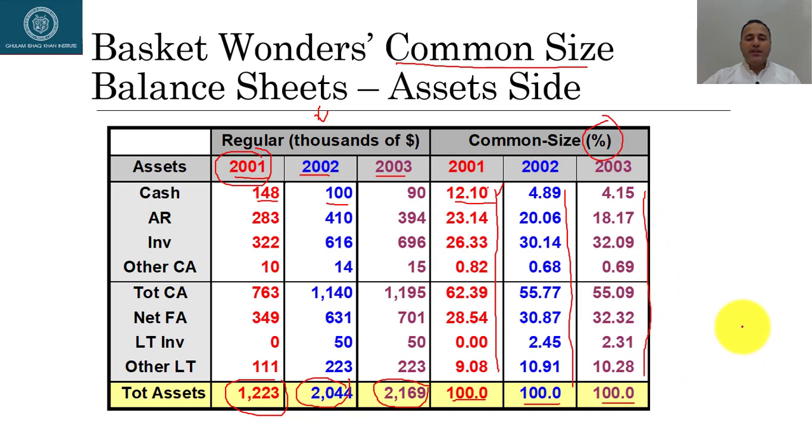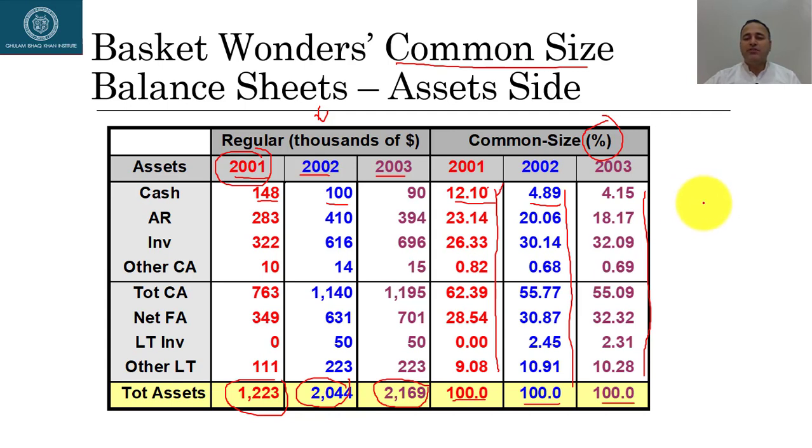Now, how do we interpret that? Suppose you look at cash. Cash was 12% of the total assets in 2001, but cash went down significantly in 2002. It may or may not be a good sign. It may be a good sign because cash is a non-productive asset.